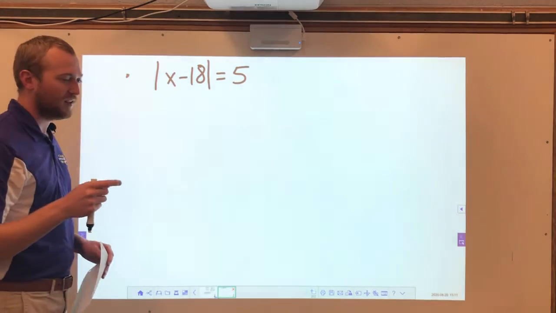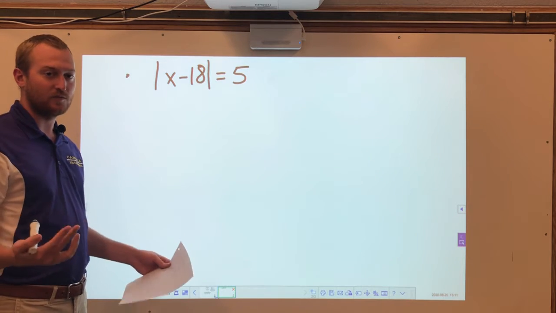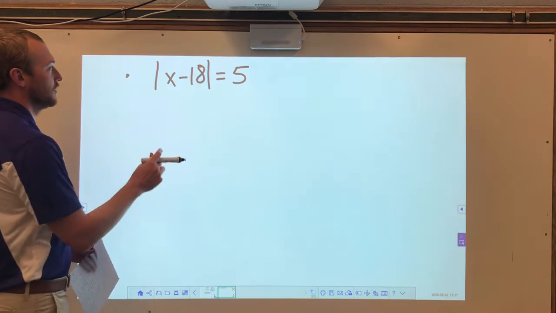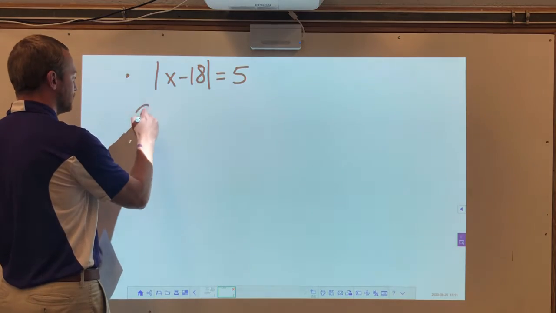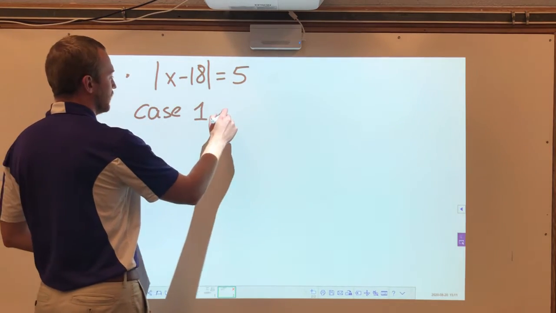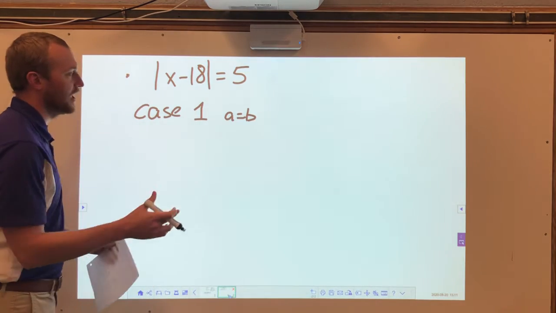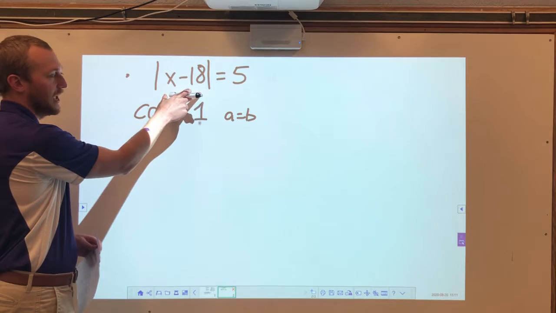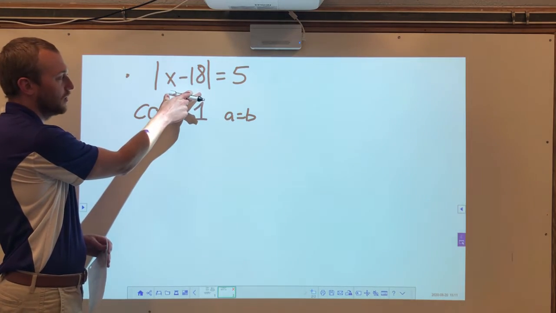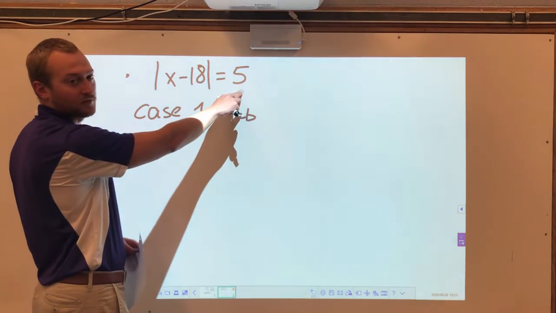It might be kind of confusing, but basically what that means is there's going to be a case 1 and a case 2. Case 1 is when A equals B. The A is what's in the absolute value bars, and what it equals is, in this situation, 5.